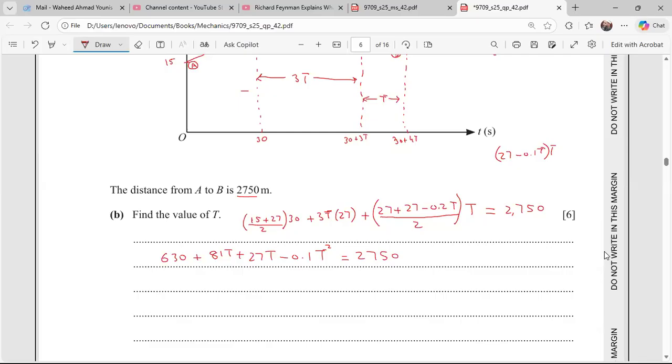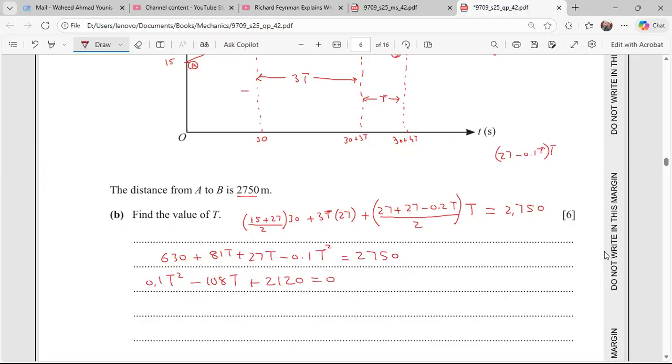I have this all clear. So if I multiply with negative, it's going to be 0.1 t square, and then I add them together and it's going to become minus 108 t, and plus 2120, and this is equal to 0.